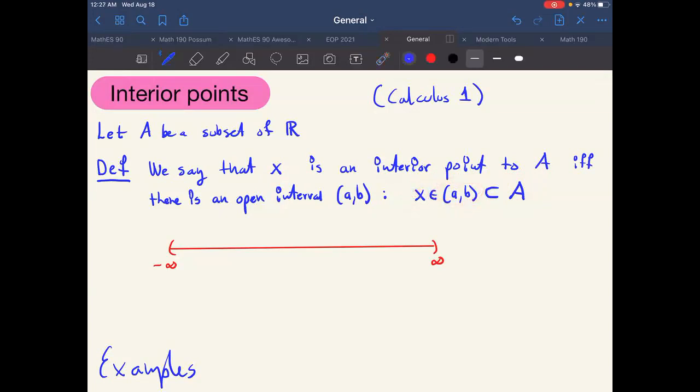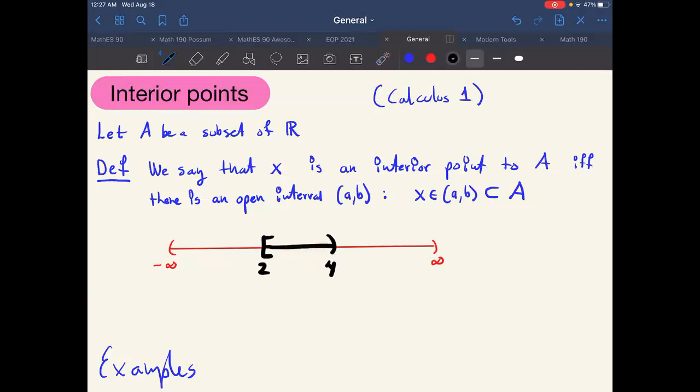So let me just give you an example. Here is my set. Let me put my set A as, I don't know, (2, 4). This is my set A. So I would say that x is an interior point if there is a little (a, b) that contains x, and that (a, b) is inside of the black set.